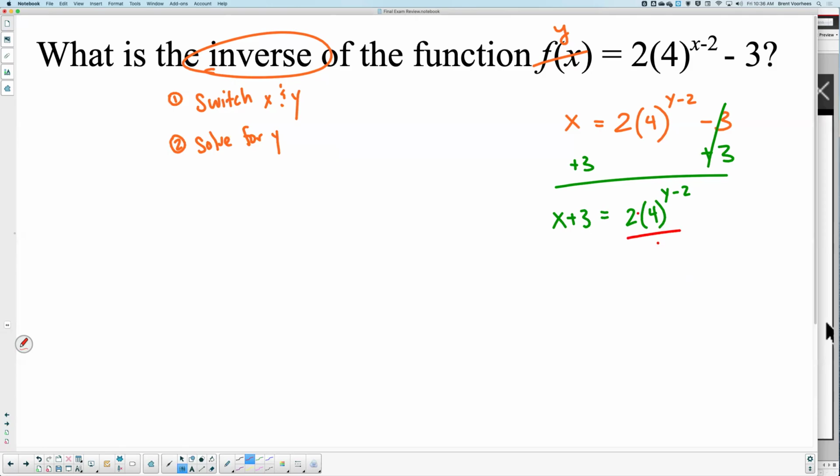That 2 is multiplying, so let's divide both sides by 2. So x plus 3 over 2 would equal 4 raised to the power of y minus 2. We're almost there. Now what?